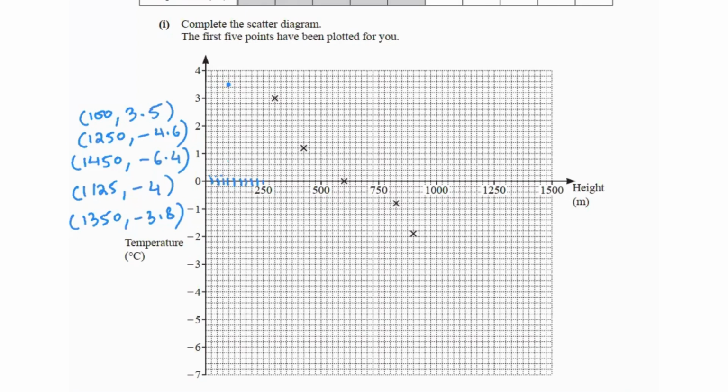Then 1250 and negative 4.6. 1250 is this, and negative 4.6 is going to be this. 1450 and negative 6.4.